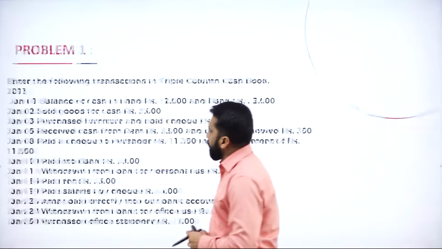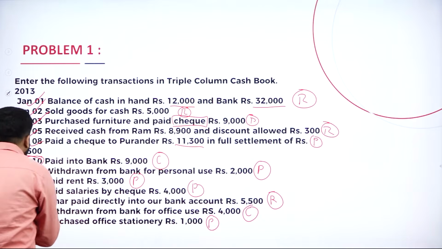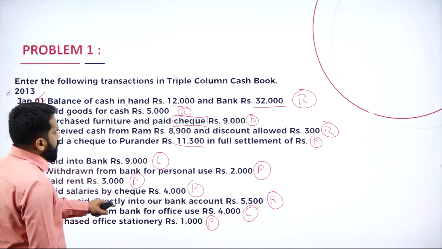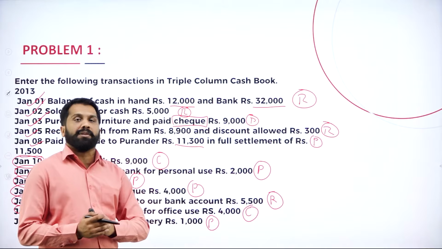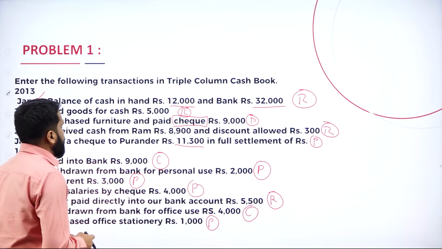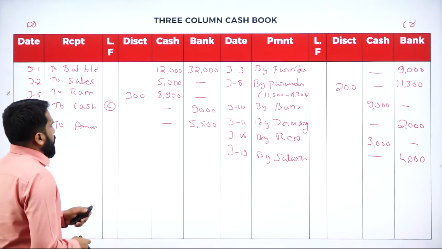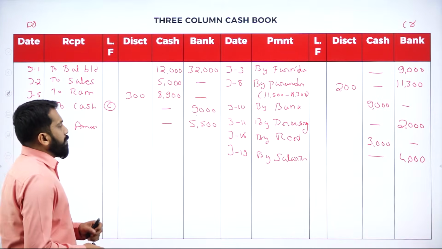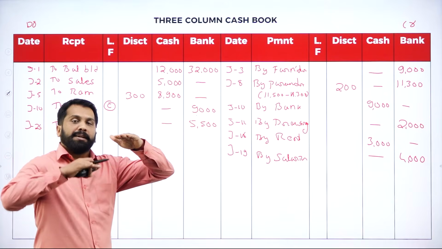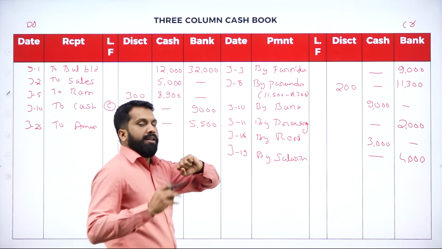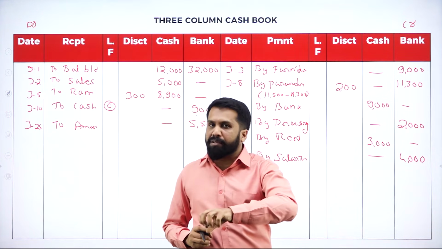Now, next, January 28th, withdraw from bank for office use, rupees 4,000. Again, we call it contra. So this will be contra. Withdraw from bank for office use means your cash increased, bank decreased. Very simple. From your bank account, you have withdrawn 10,000.